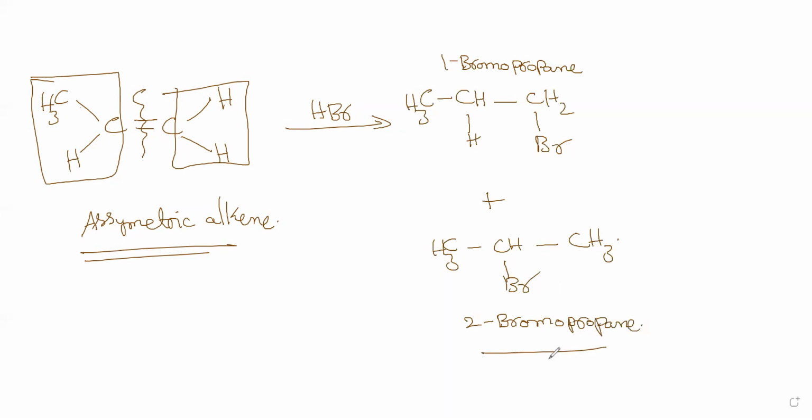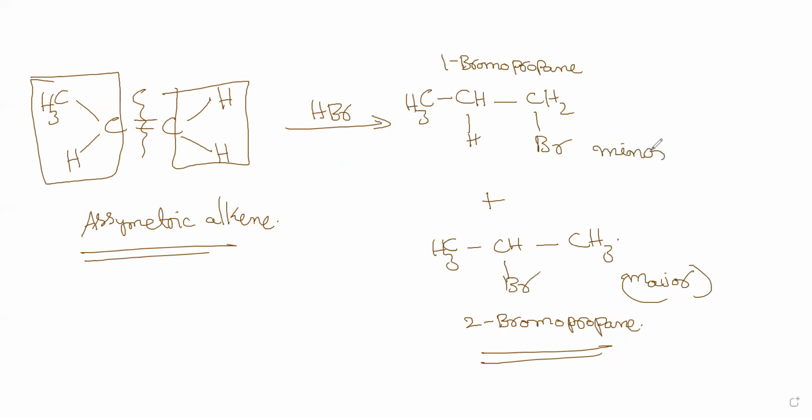So the question is, which product will form? Both will form when you take an asymmetric alkene. But you get one as the major product, that is 2-bromopropane as major, and 1-bromopropane as the minor product.